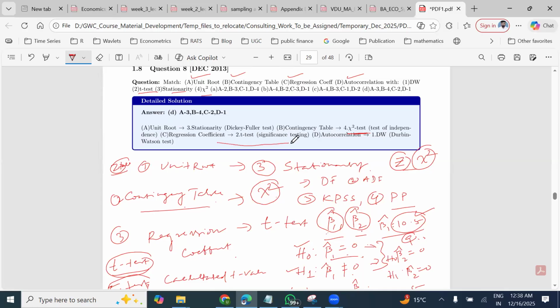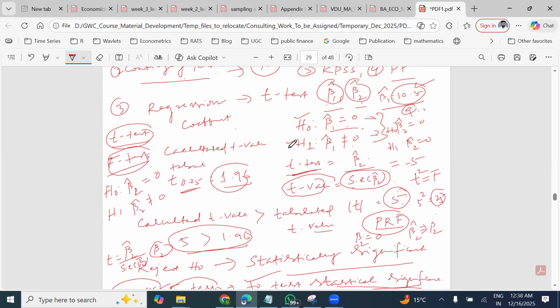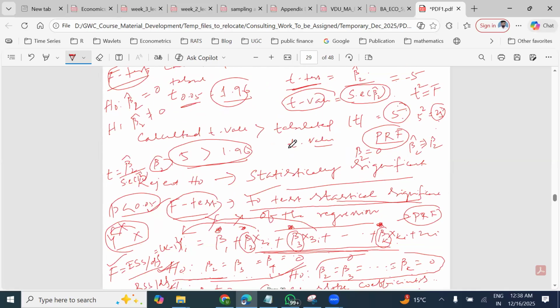The discussion is very intense, but I hope you understood this, right? Yes, sir. So this is basically called testing the overall significance of the multiple regression or any regression coefficients.